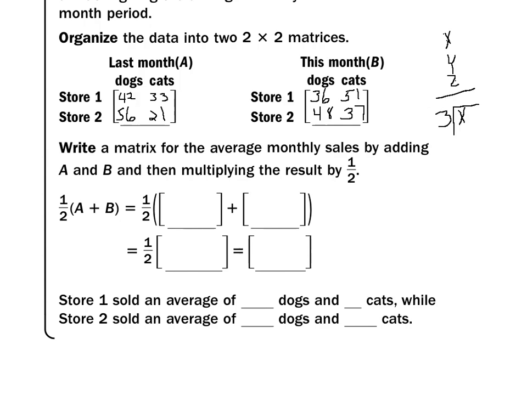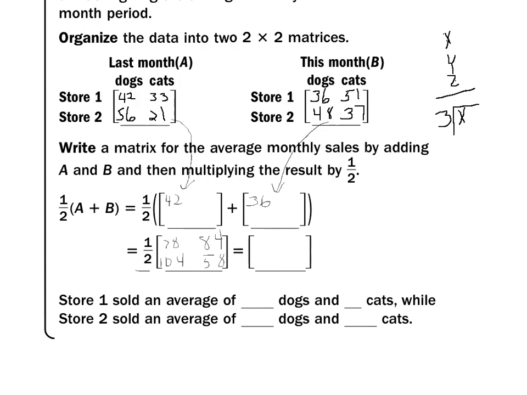So I could then go ahead and add those up, and it would be 78 because that's 42 plus 36. Then 84, 104, and 58.